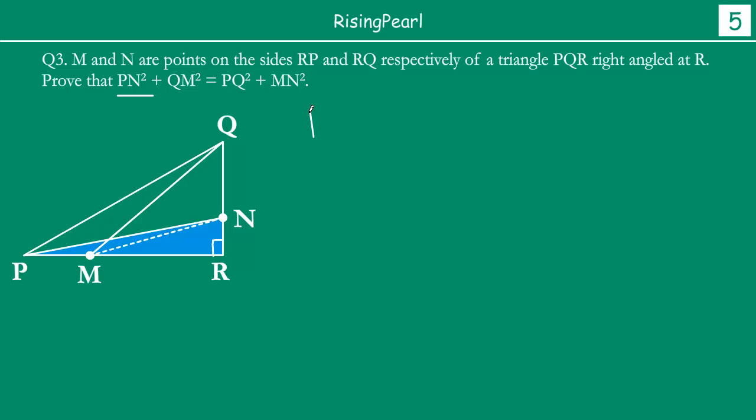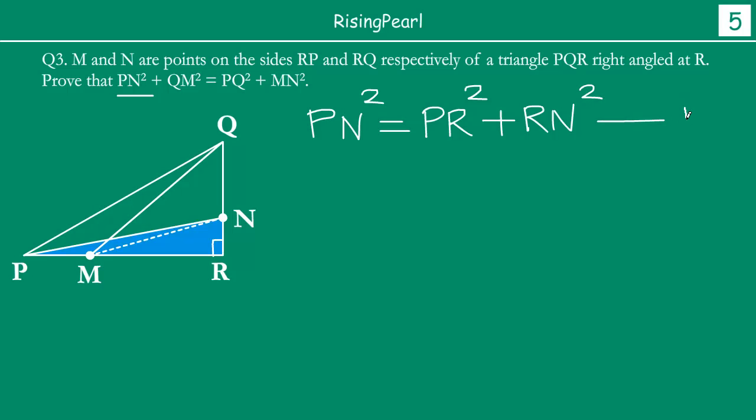So I have PN square, hypotenuse, from Pythagoras theorem we get, it is PR square plus RN square. We call it our equation number 1, first equation.